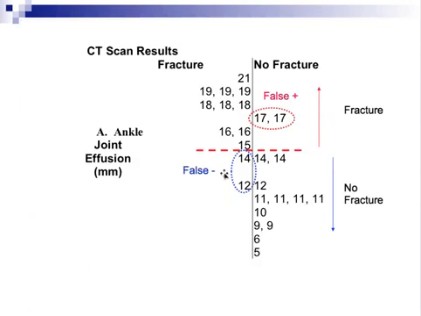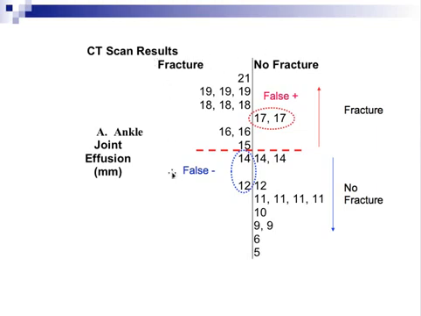So what we want to do, though, is motivate the different uses of a test and how it's interpreted. If we go back to our ankle fracture example, in this kind of plot each one of these values is a swelling number for a particular ankle sprain patient, and the fracture number here is what the CT scan result is.